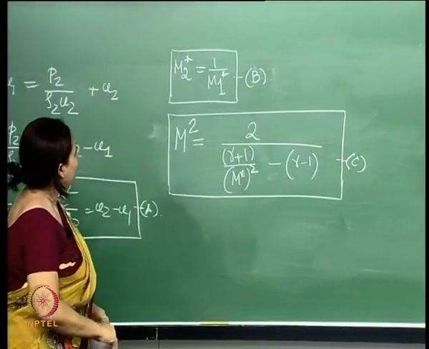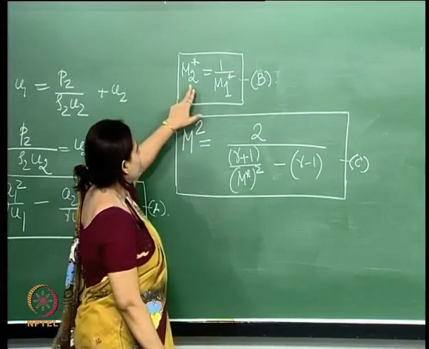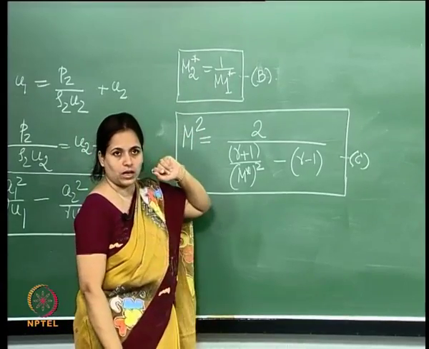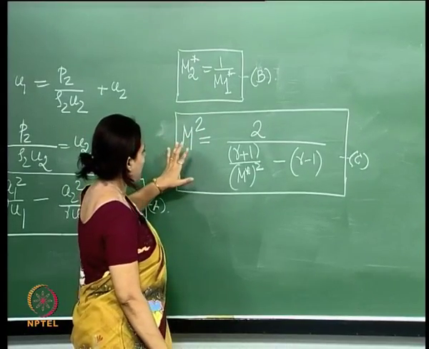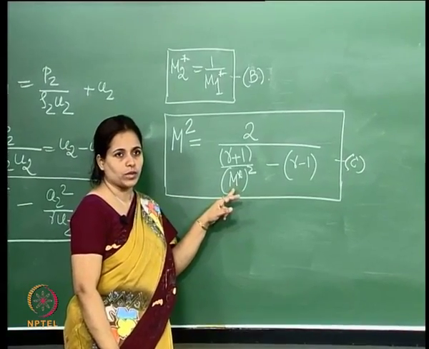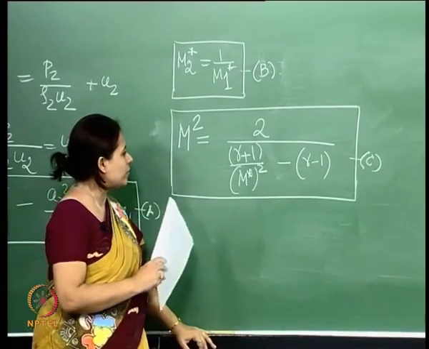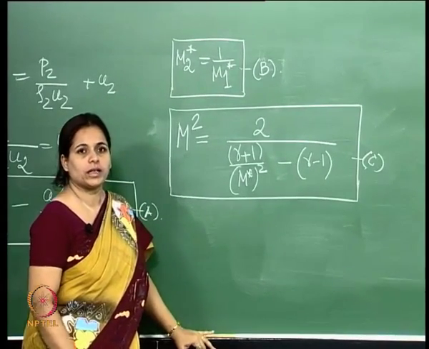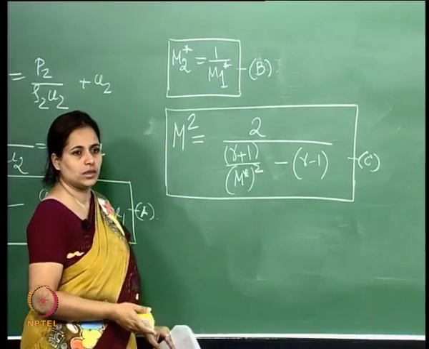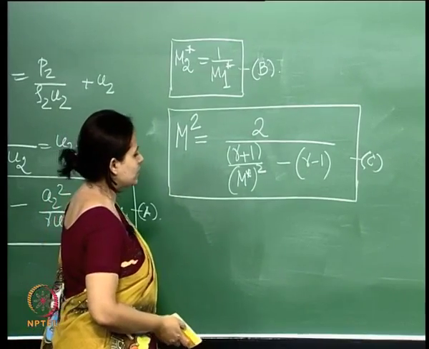What we are now able to do is get a relationship between M1 star and M2 star, and the actual Mach number and the sonic zone Mach number. So, we have got these two relationships and now let us study the mathematical characteristics from here, and see if we can infer something more from these relationships.